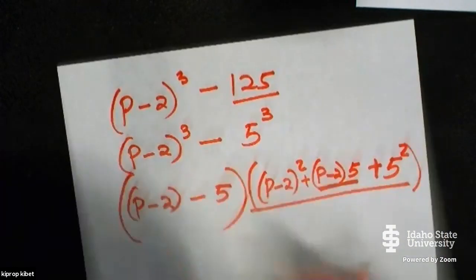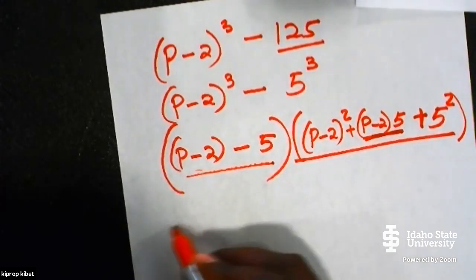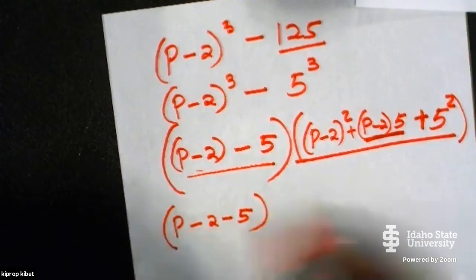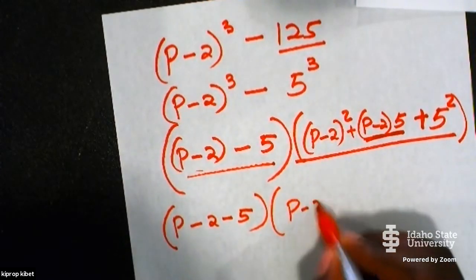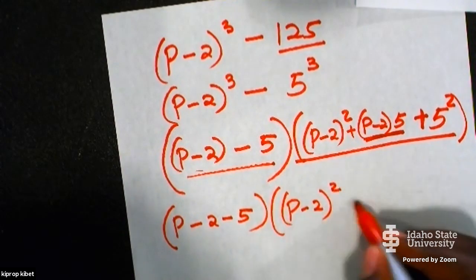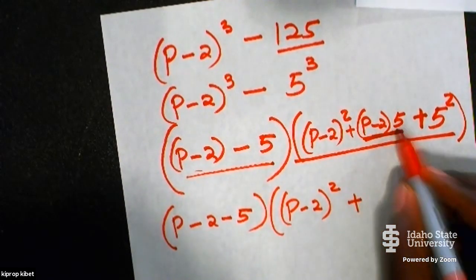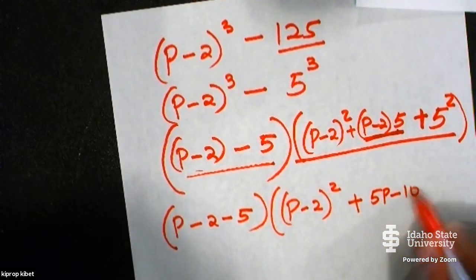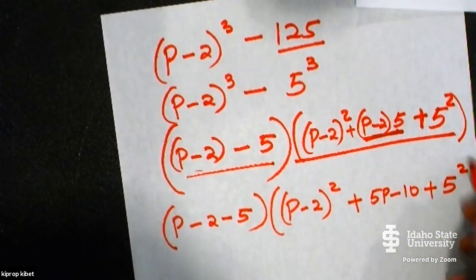Here, if you open these brackets, then what you get is (p - 2) - 5, of course, and then we have (p - 2)^2 plus, when you open these brackets here, it will be what? 5p minus 10 plus what? 5 square.